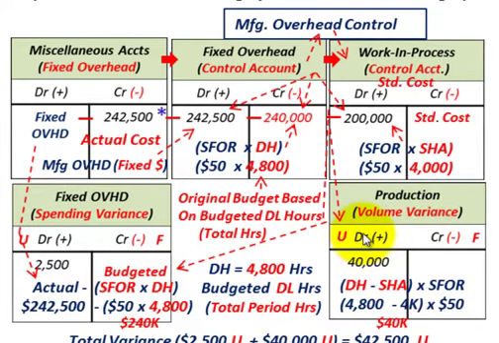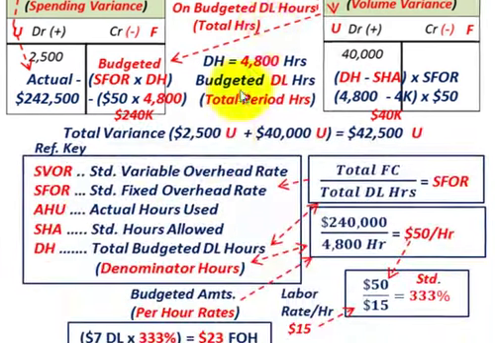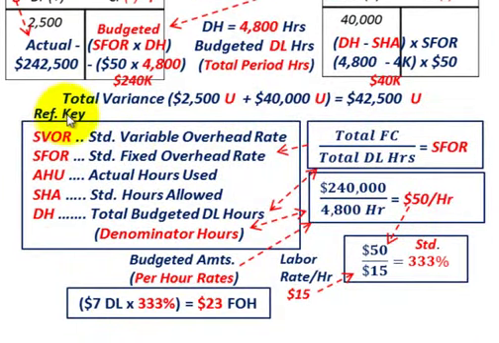Before we get into our calculations, let's first go down here and look at our reference key. I'm showing in red the letters for those calculations that we're going to make. SVOR stands for our standard variable overhead rate, but we're not using it in this example. Then we get down to SFOR, which stands for the standard fixed overhead rate.